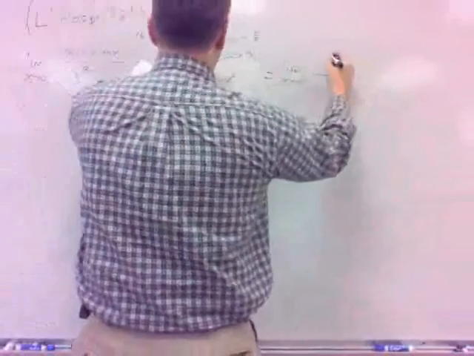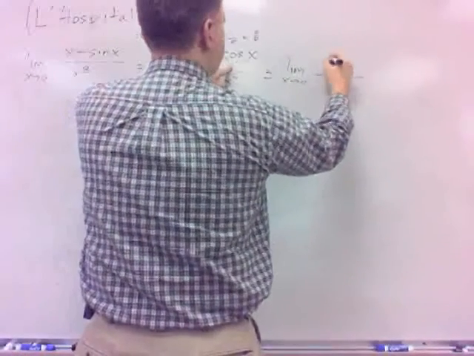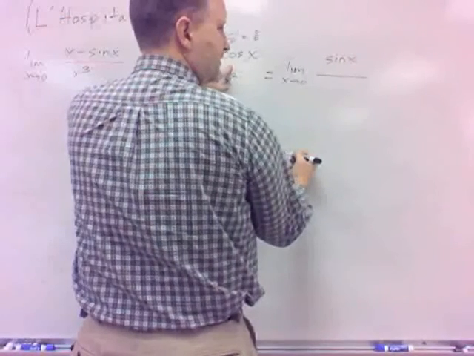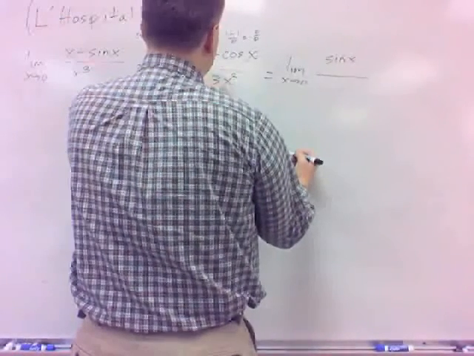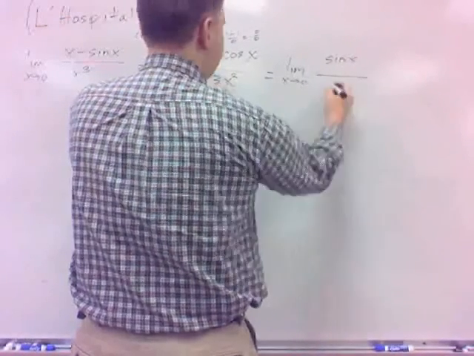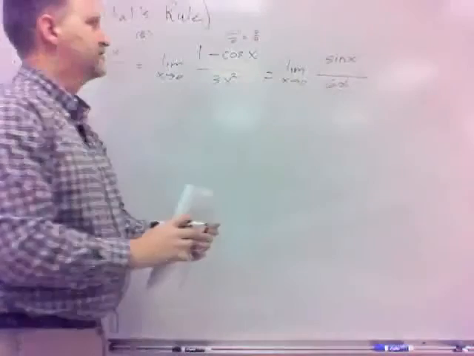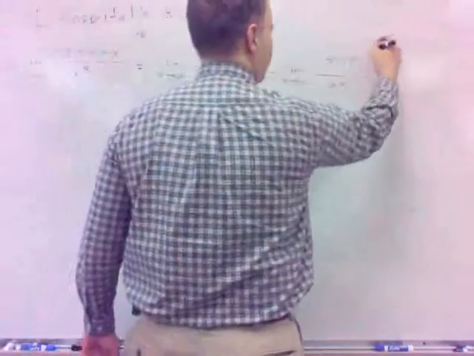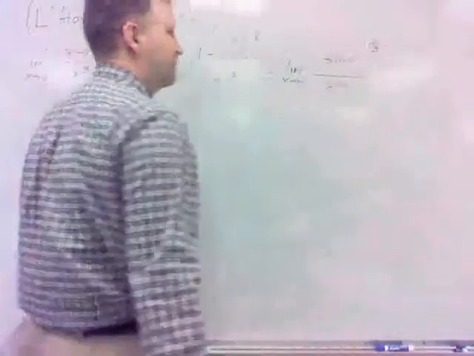The derivative of the top would be 0 minus the cosine, so that would be positive sine, wouldn't it? The derivative of the top would be positive sine. The derivative of the bottom would be 6x. Guess what? 0 over 0 again, isn't it? Sine of 0 is 0, 6x goes to 0.